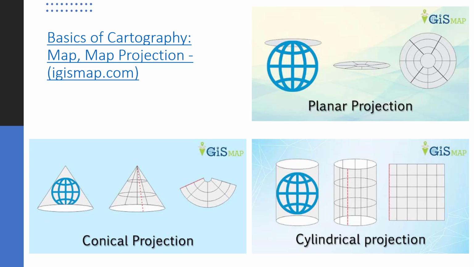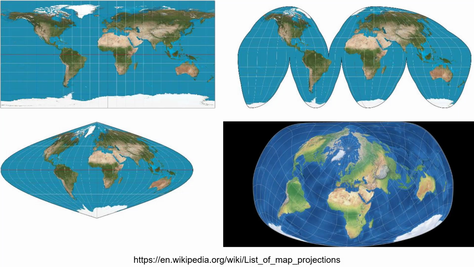These are three different projections I'm showing here. Each projection has a slightly different upside and downside depending on which one you choose. These are the examples of the projections onto the Earth onto a flat surface. And sometimes it means that some of the sizes, some of the countries are not quite representative of how large they are in real life.